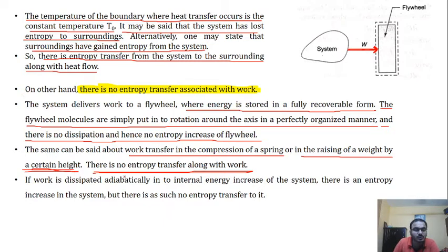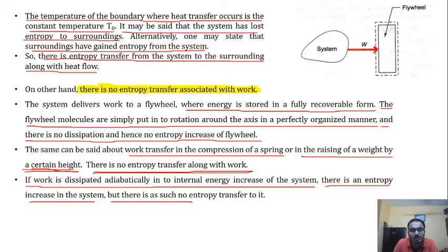Now consider this example, that if the work is dissipated adiabatically, that is without transferring heat, into an internal energy increase of the system, there is an entropy increase in the system, but there is as such no entropy transfer happening.